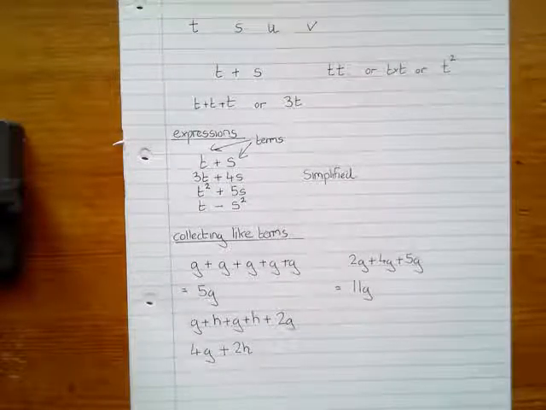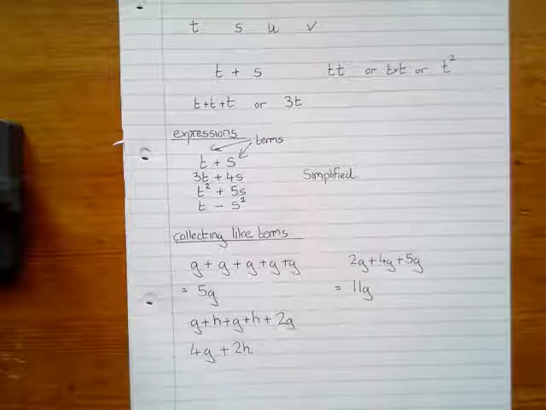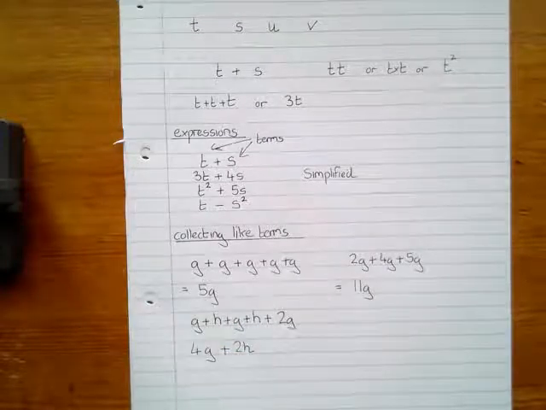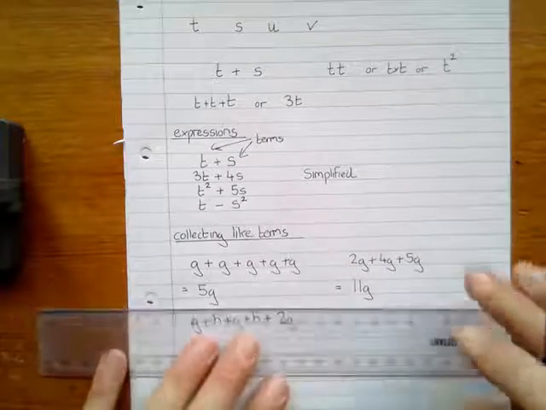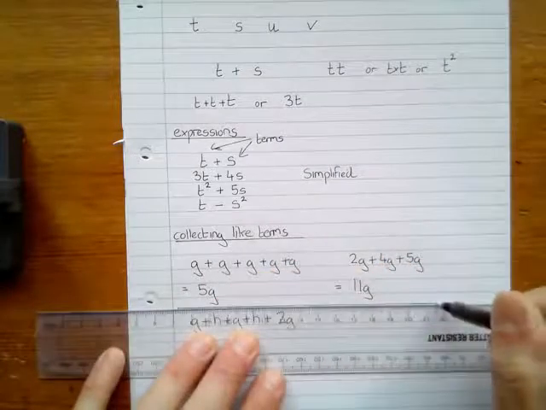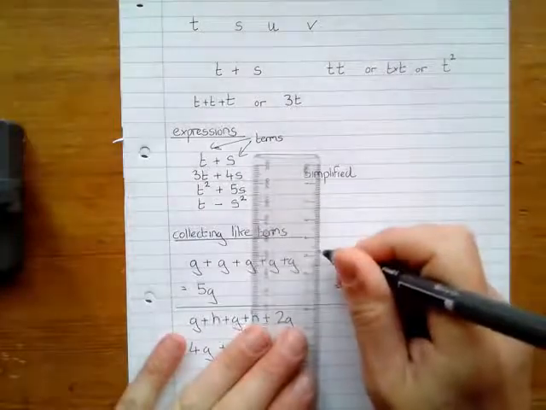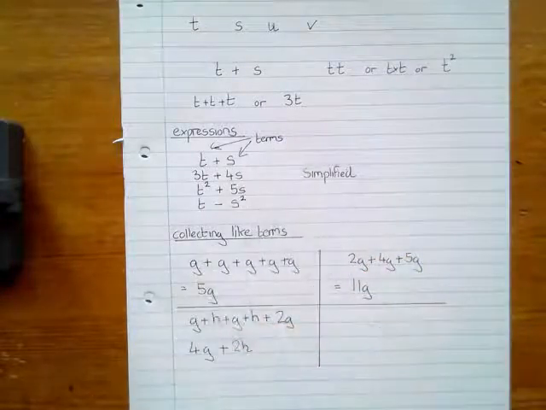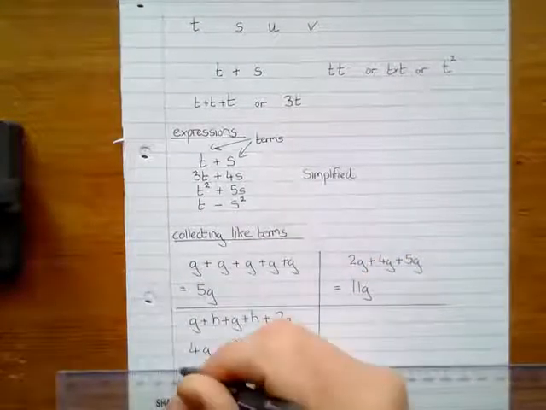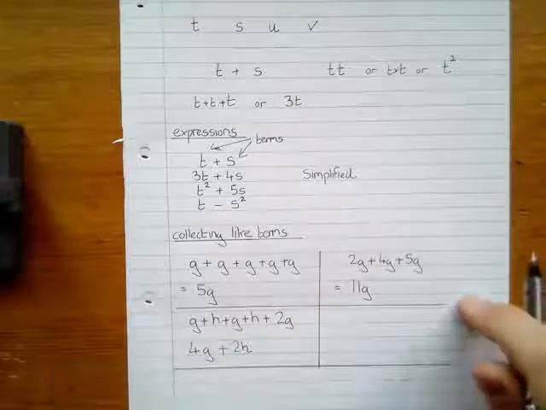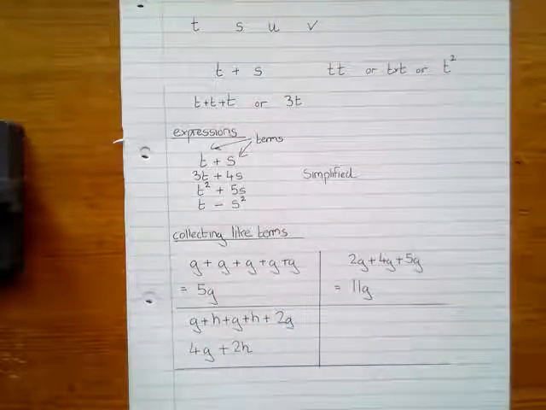And so far, I've only had plus signs in between each of the terms, but I can have minus signs as well. I'm just drawing these lines on to make it a bit easier to see which question is which in this video. So that might help you a little bit. So I'm going to do one more example here.